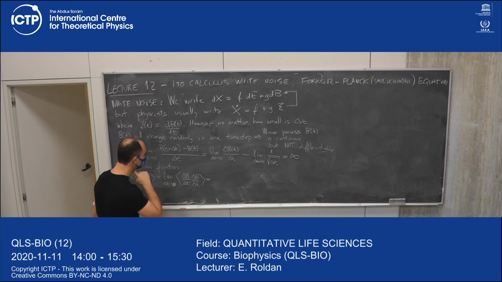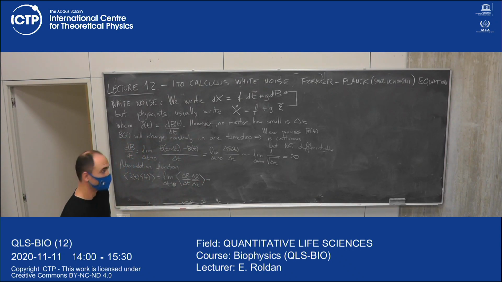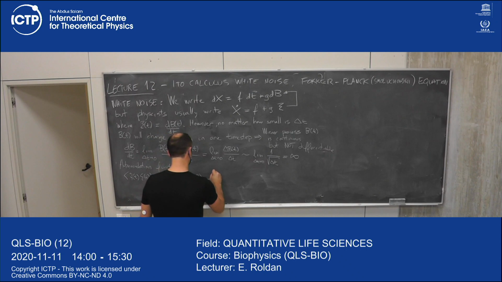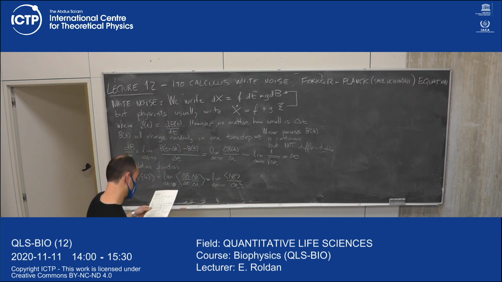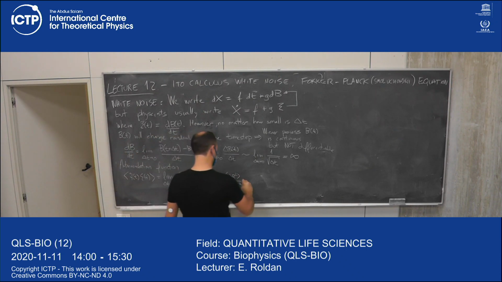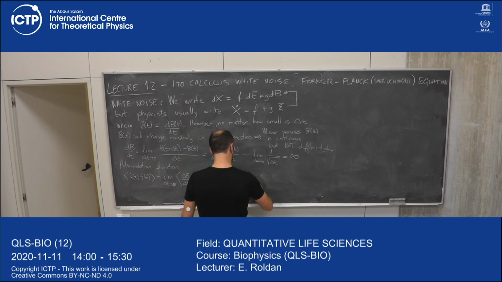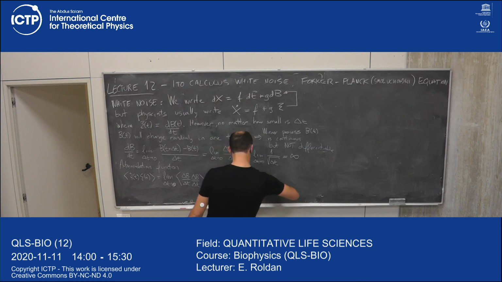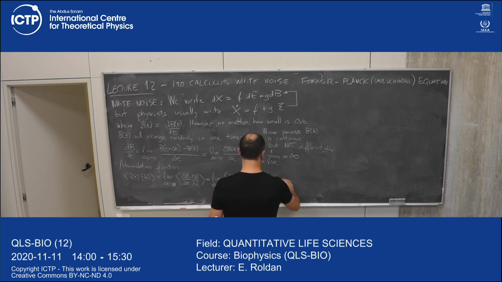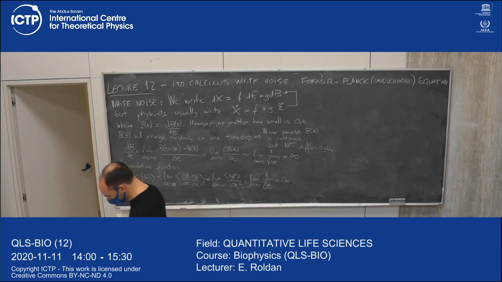These averages are important, but they matter when the quantity is stochastic. So this is the limit when delta t goes to 0 of 1 over delta t squared, and here we put delta B squared. Delta B squared is delta t, remember. Limit when delta t goes to 0 of delta t divided by delta t squared, which is 1 divided by delta t, which is infinity. So even the correlation is infinity.